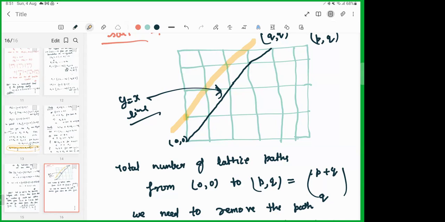So in the first case, for 0, let me think a second. Use the condition that p is greater than or equal to q.